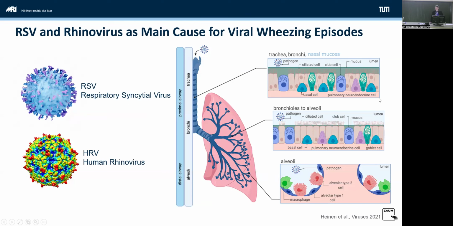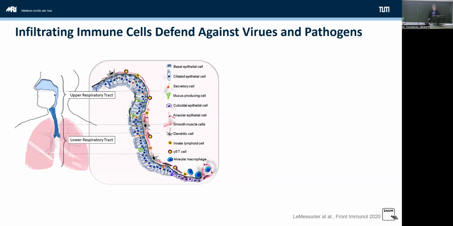Mainly these epithelial cells are infected, which are our first line defense against viruses and can themselves, once infected already, act against them.